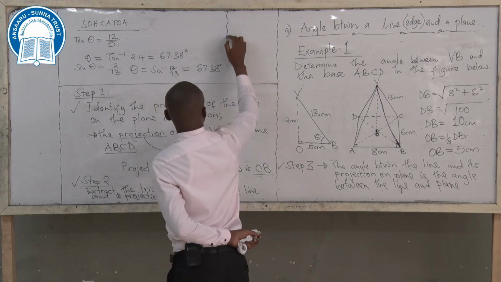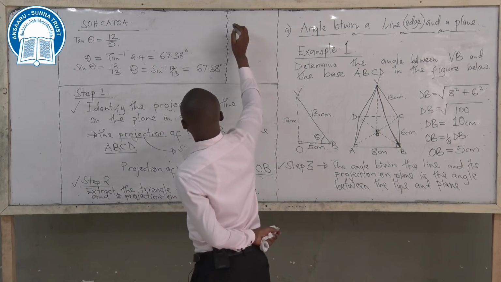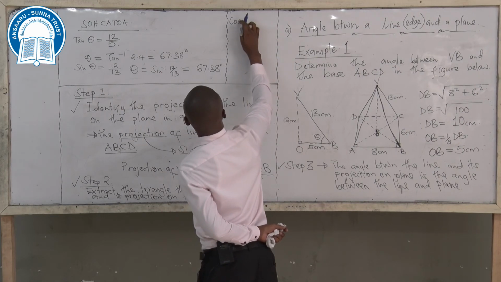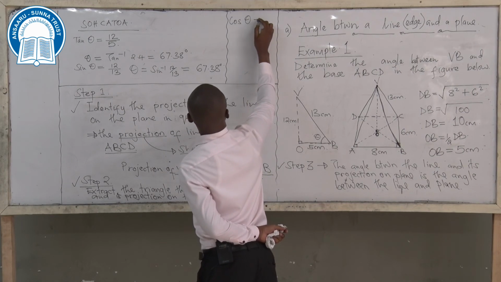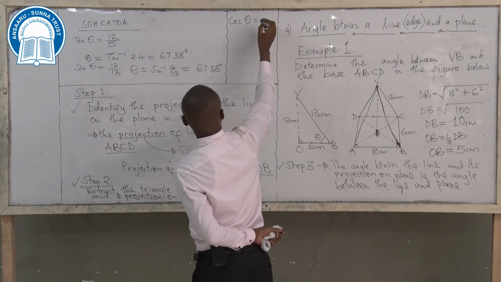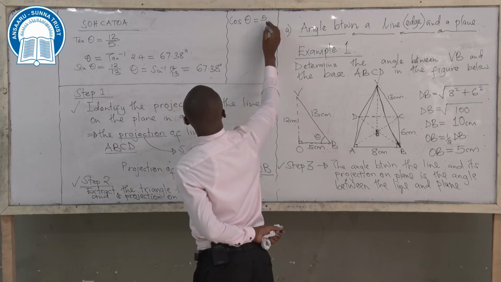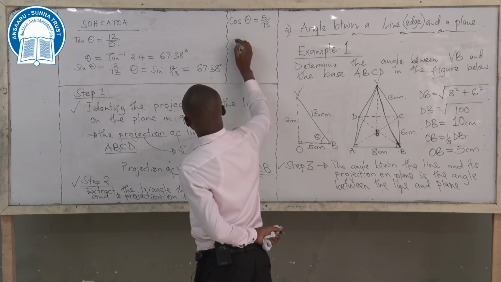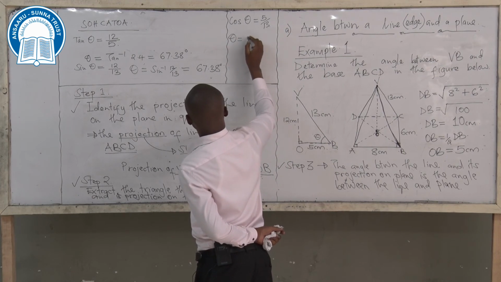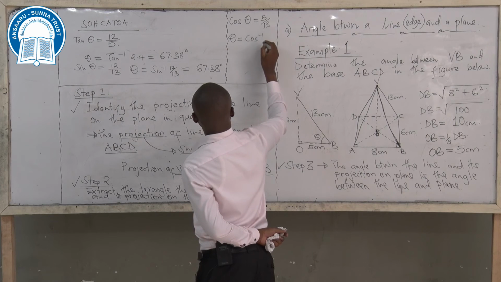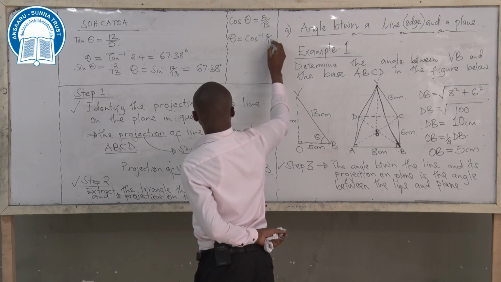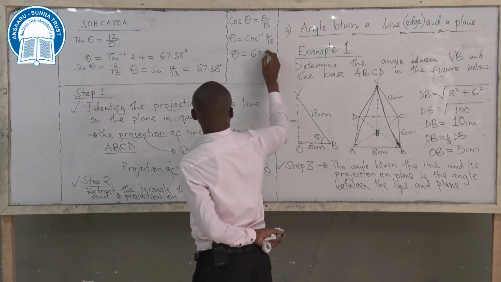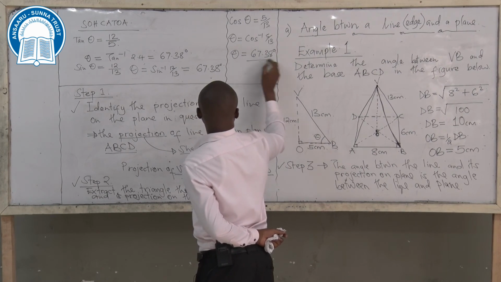And if that is not enough for you, you can go ahead and say cosine of theta should be the same as the adjacent to the angle, which is 5/13, which still will tell you that theta will be the same as cos inverse of 5/13, which will still give you theta as 67.38 degrees.